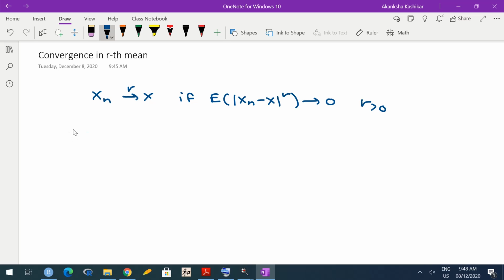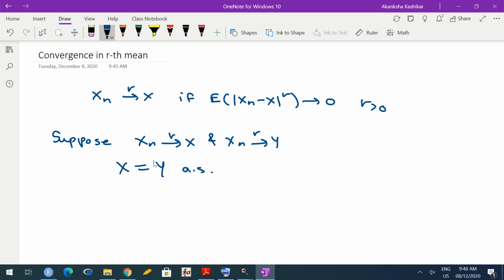So now suppose Xn converges in rth mean to X and Xn converges in rth mean to another random variable Y, then we have to check whether X is equal to Y almost surely.